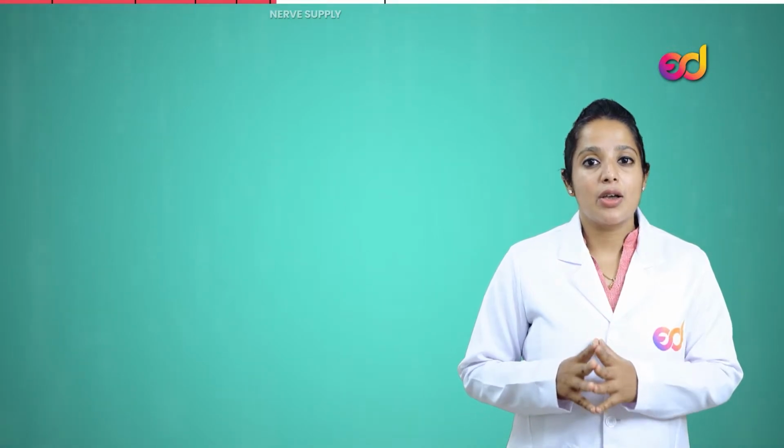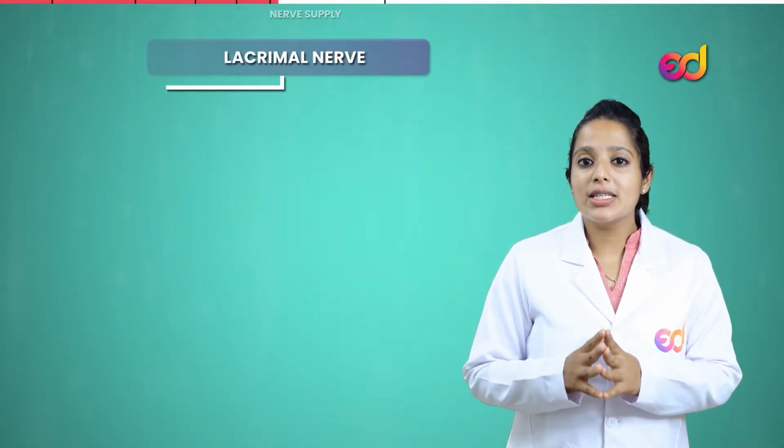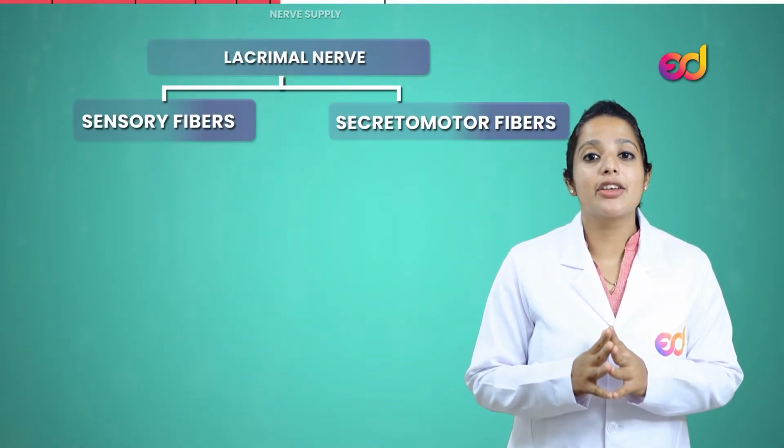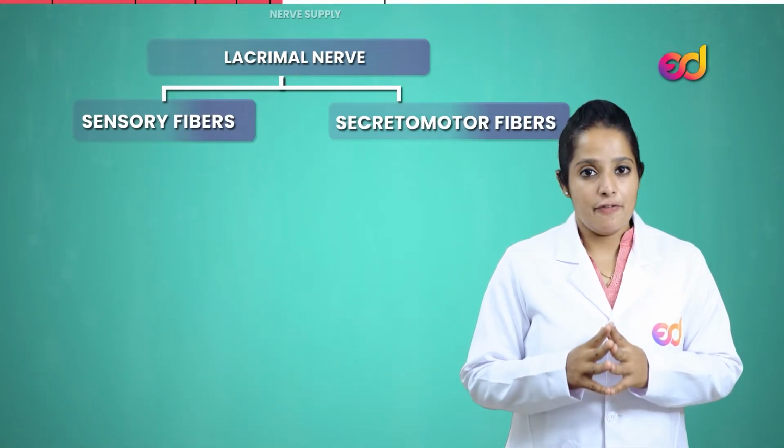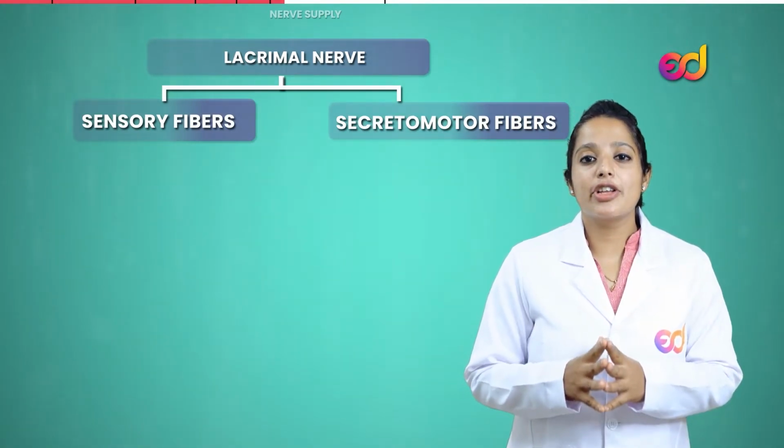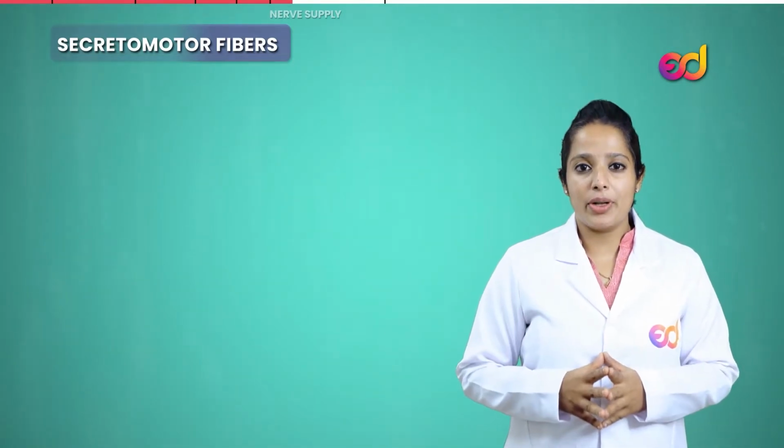Up next is the nerve supply of the lacrimal gland. The lacrimal nerve supplies the lacrimal gland. Well, the nerve contains both sensory and secretomotor fibers. First, consider the secretomotor fibers in detail. Parasympathetic secretomotor neurons stimulate the secretion of the lacrimal fluid.